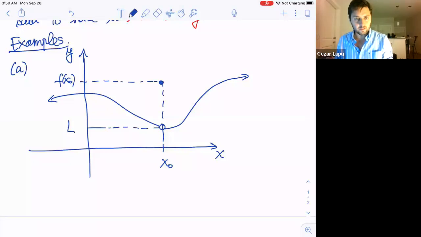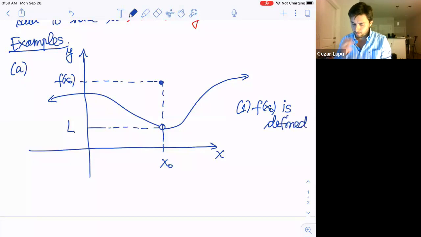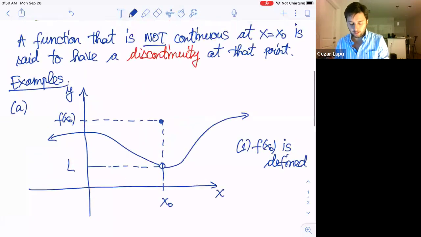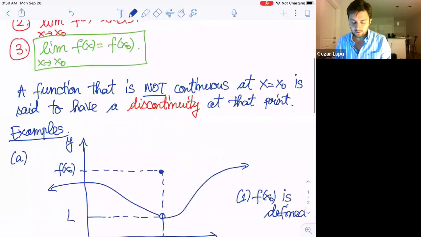Now let's look at the graph. The first one: is f of x naught defined? Well, it looks like it is. So we can say the first one, f of x naught is defined. But pay attention that we need to check all three conditions here. The limit has to be defined.